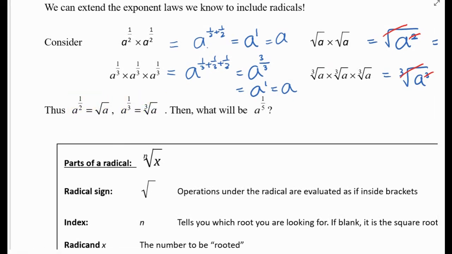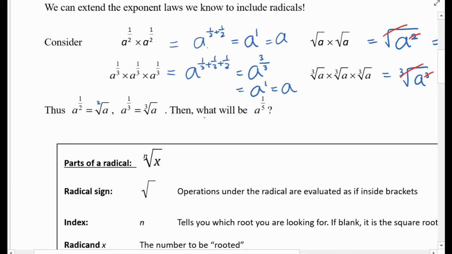and remember when you have a square root, 2 is hiding here. It's basically a to the power of 1 over 2 is square root of a, with 2 hiding, and a to the power of 1/3 is cube root a. So you don't really write square root 2 here, but just remember there's a hidden 2 here.